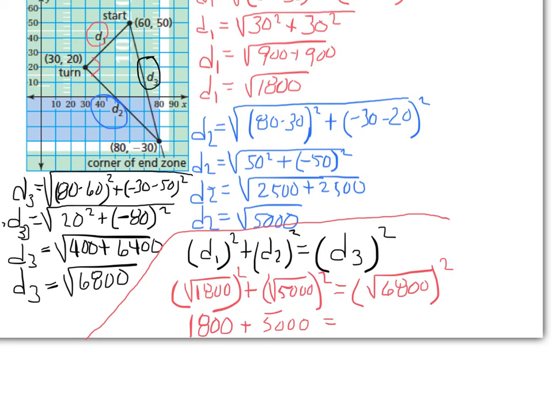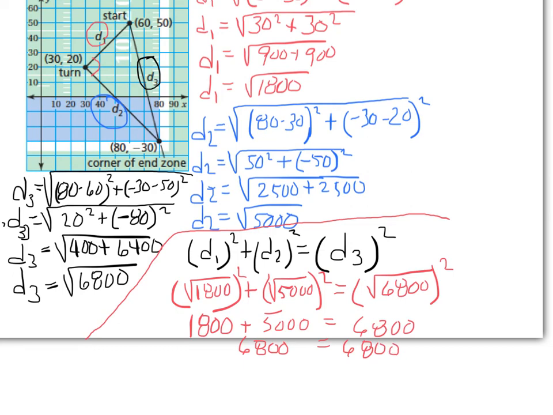And on the other side, the square root of 6,800 times the square root of 6,800 is going to give me 6,800. So the inverse operations undo each other to give me what we started at. And now you can hopefully see that by approximating things, we would have gotten some numbers that would have been really close, but they probably wouldn't have come out exactly this way because we would have had to do some rounding. But if I finish this off and I add those two things together, I get 6,800 equals 6,800.